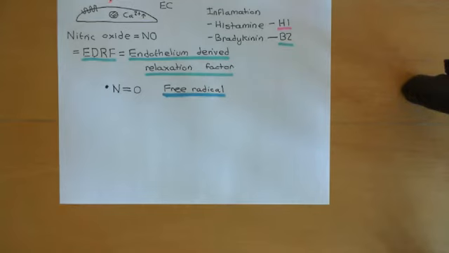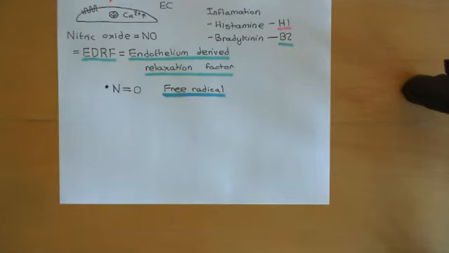Right, so what I now want to discuss is how you are going to produce nitric oxide. Now, before I just say that, let's put the link between how calcium is going to activate the enzyme responsible for nitric oxide in first.